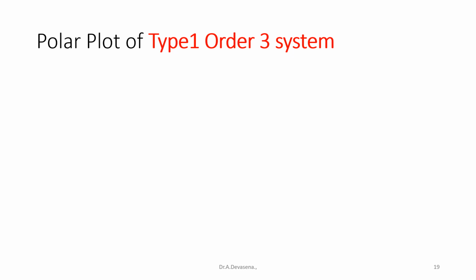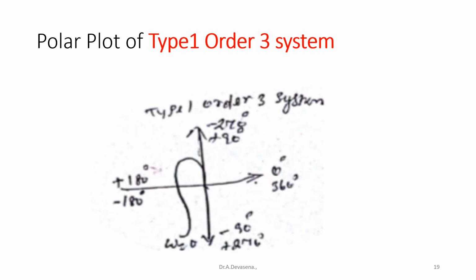The diagrammatic representation is shown below. In this diagram, the type 1 order 3 system has the starting point from minus 90 degree and the end point at minus 270 degree.